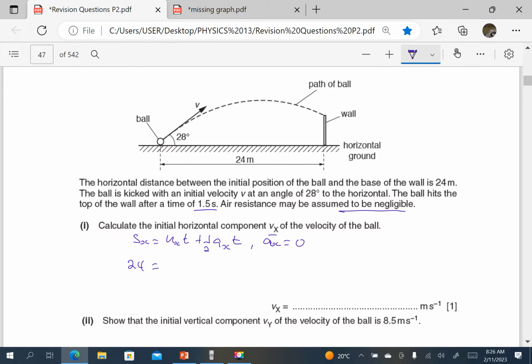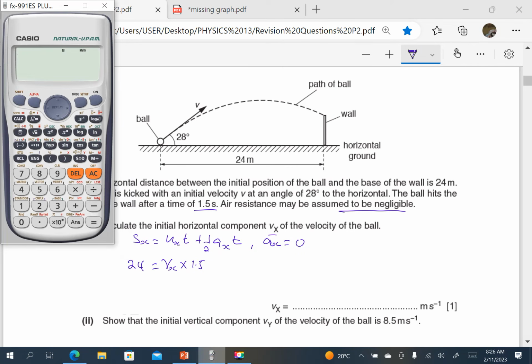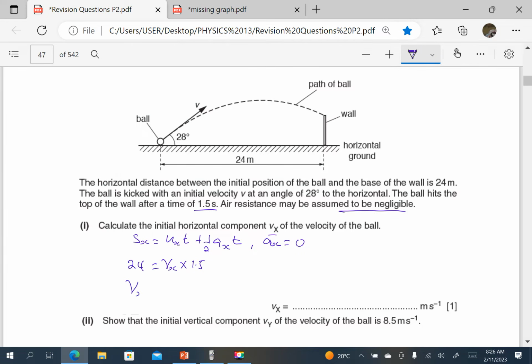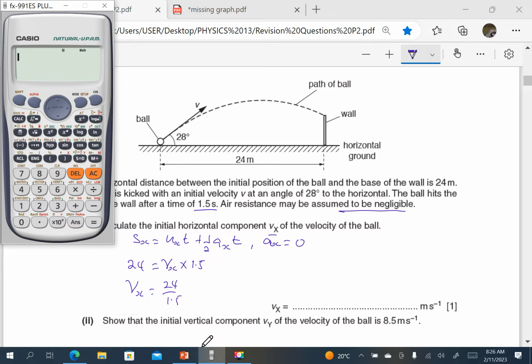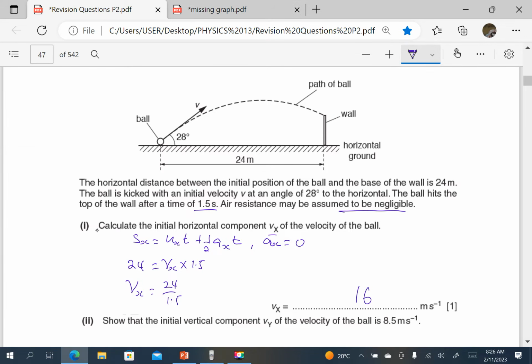So this will be equal to Vx times the time t, which is 1.5 seconds. We just divide both sides. So Vx is going to be 24 divided by 1.5, which is 16. So the initial horizontal component is 16.